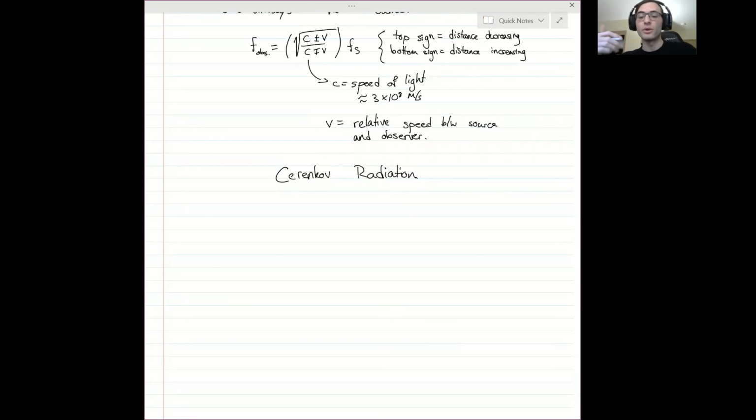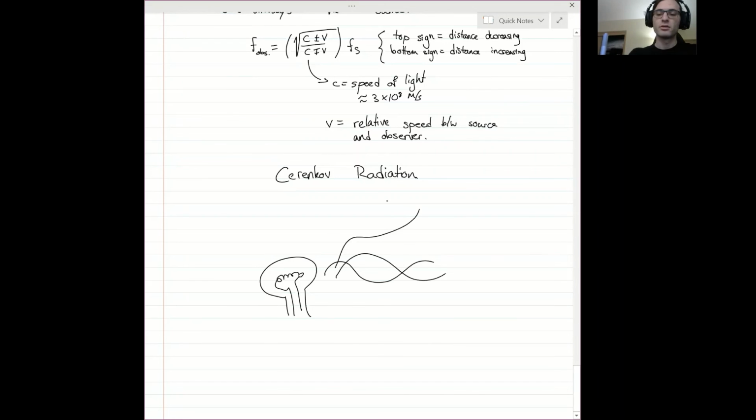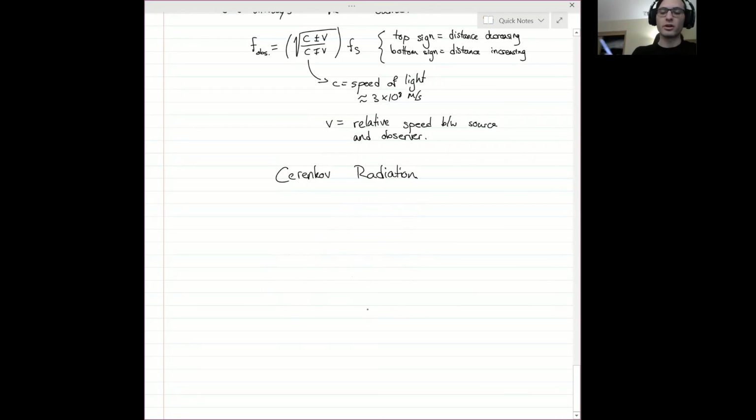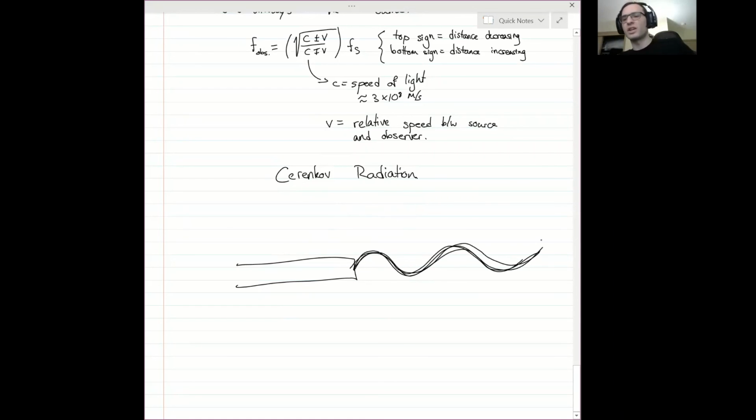But anyway, right? So a typical light bulb emits light like this, but it also emits light like this, and it's just like the waves are not in sync at all. Whereas for a laser, the waves are perfectly in sync. And so that's why you get the special phenomenon called coherence for lasers.